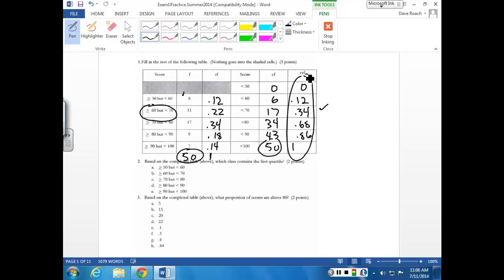And then what proportion of scores are greater than 80? Probably the easiest thing to do is just say, I have 16 values greater than 80. So the proportion would be 0.3, all right, greater than 80.